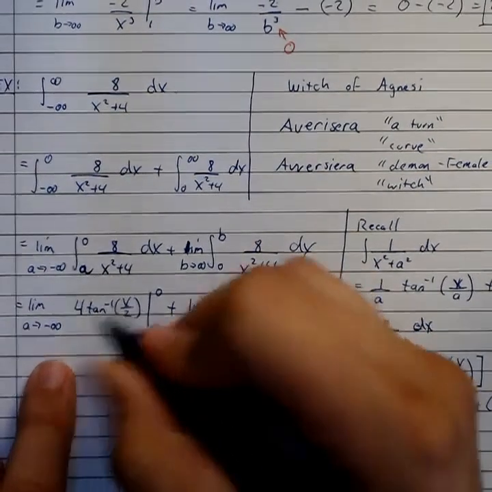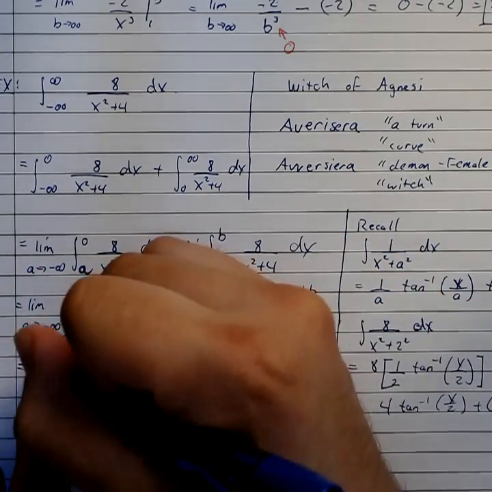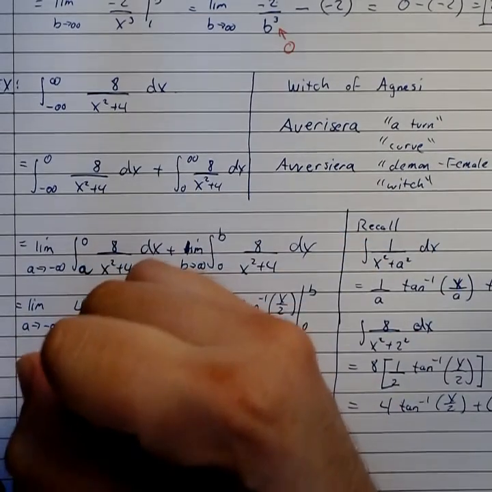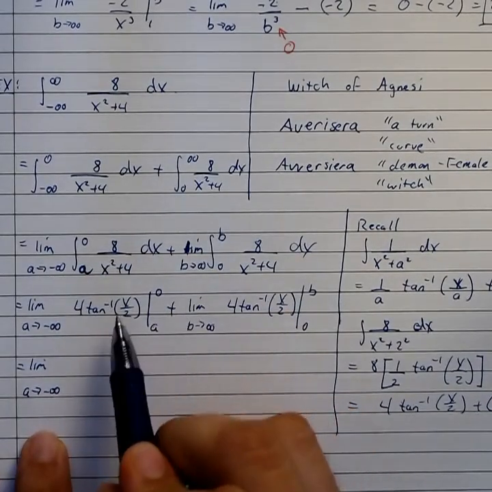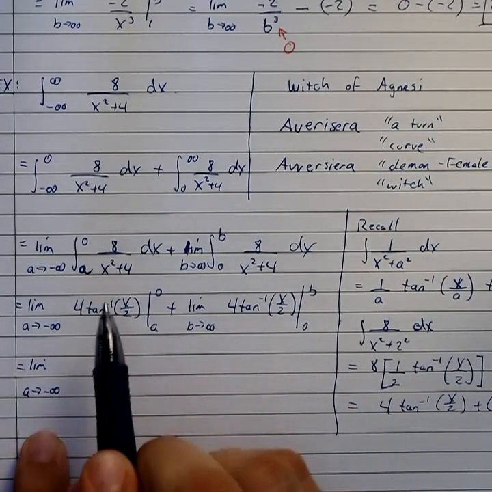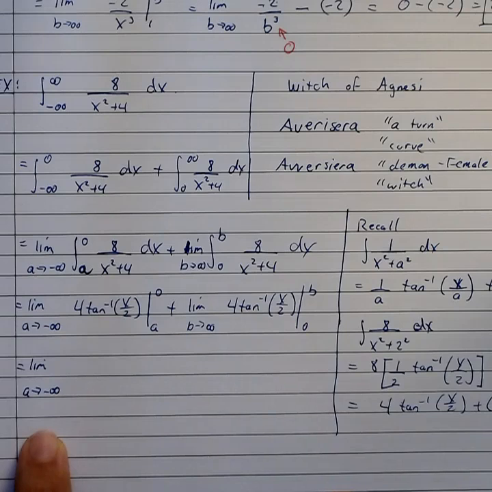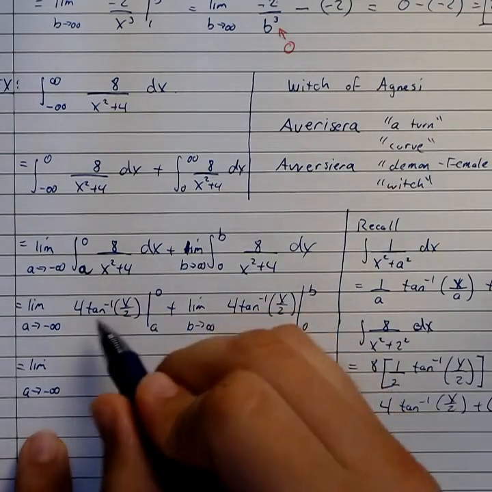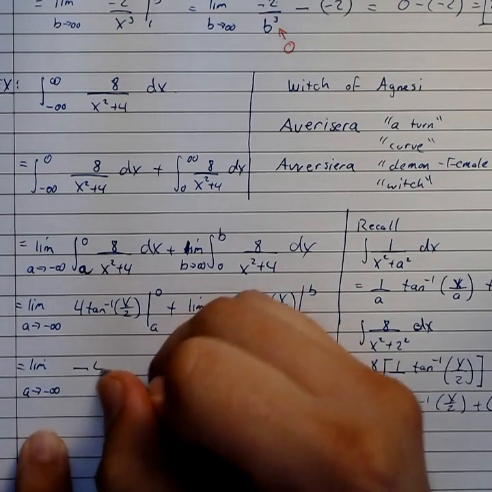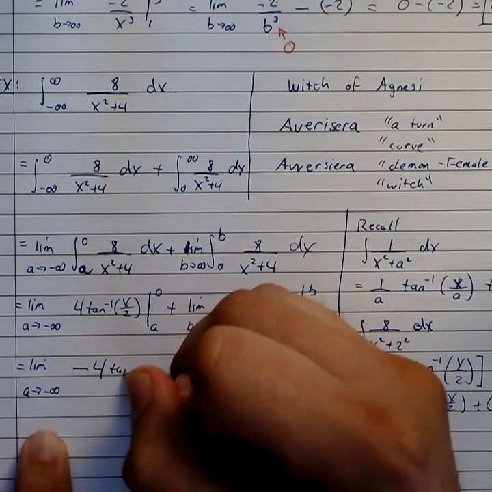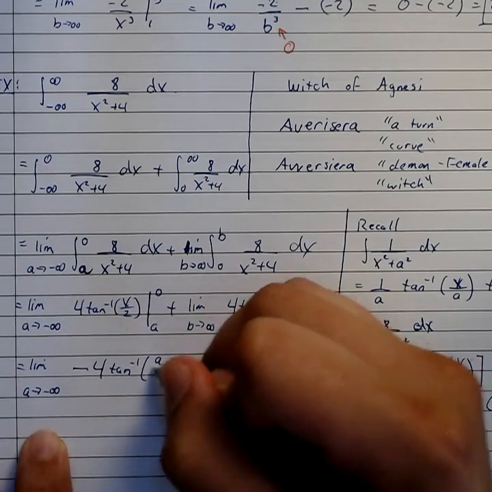We can evaluate these at the endpoints. This will give me the limit as a approaches minus infinity. If I evaluate this at 0, the inverse tangent of 0 is 0, I believe, yes? So that's going to give me 0, so let me not worry about that. Minus 4 times the inverse tangent of a over 2.